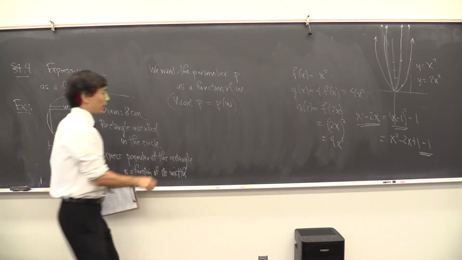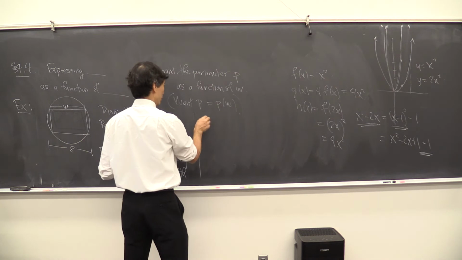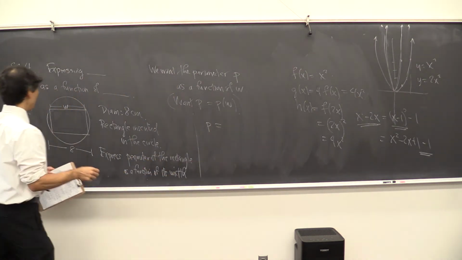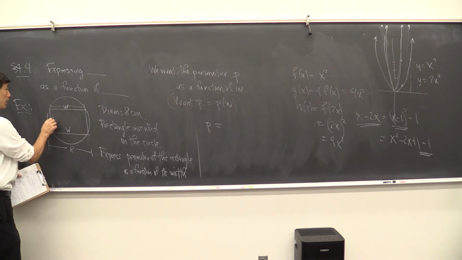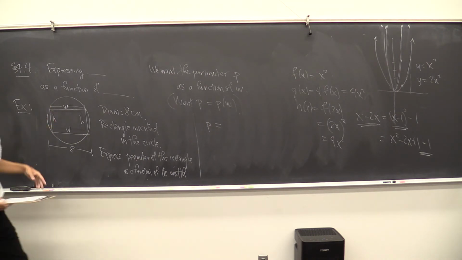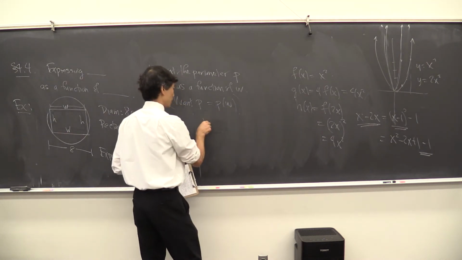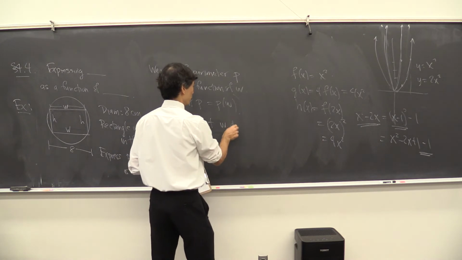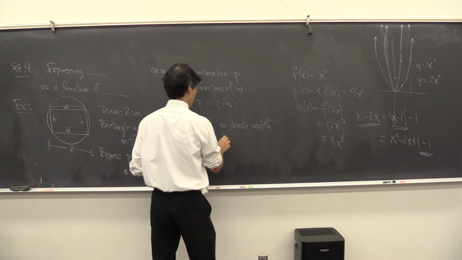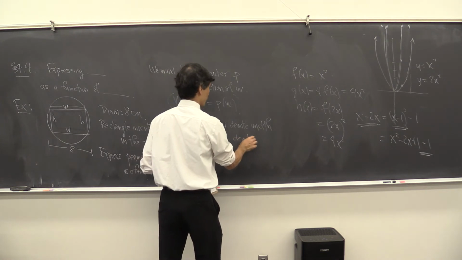So what's P? Well, P is going to be twice the width, and let me just put some names on these things. I'm going to call this thing the height, H. So let W denote the width, H denote the height.